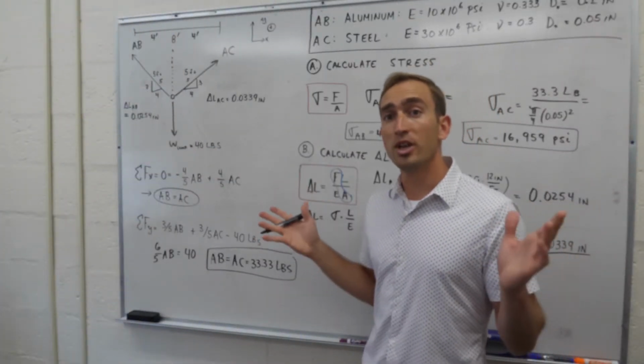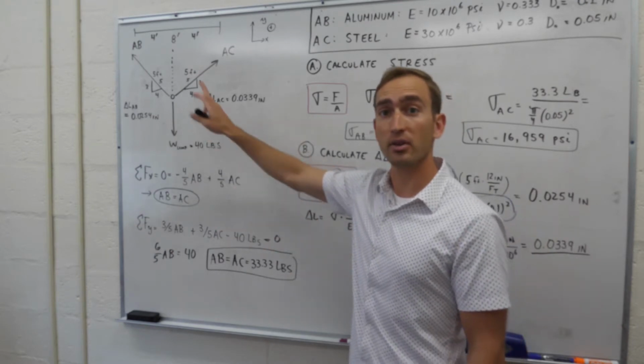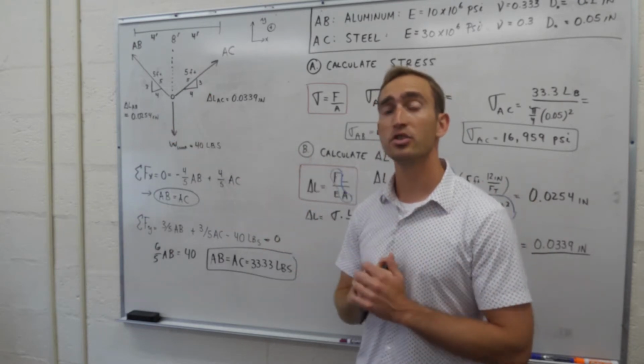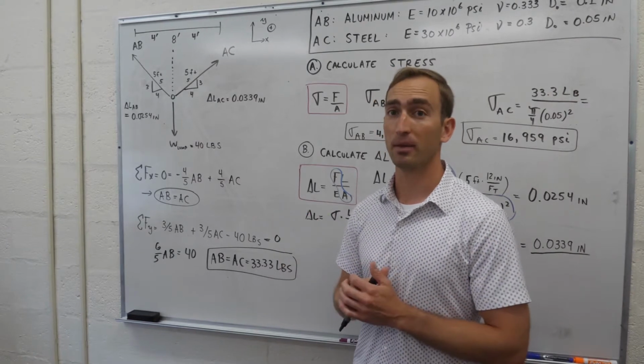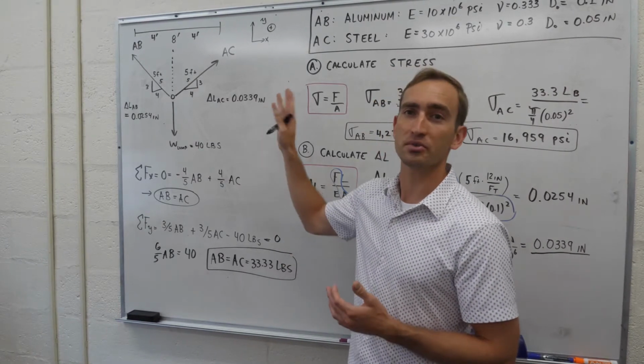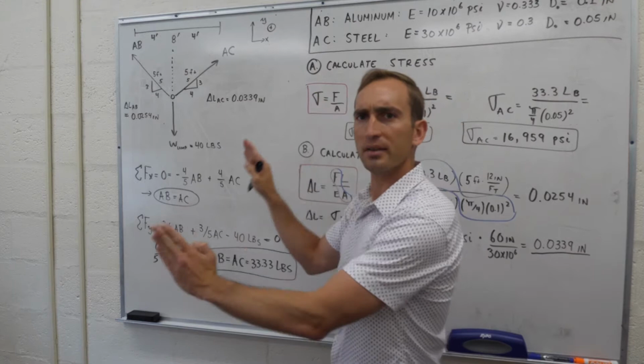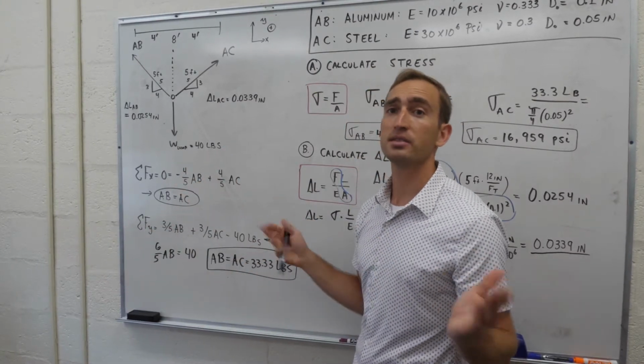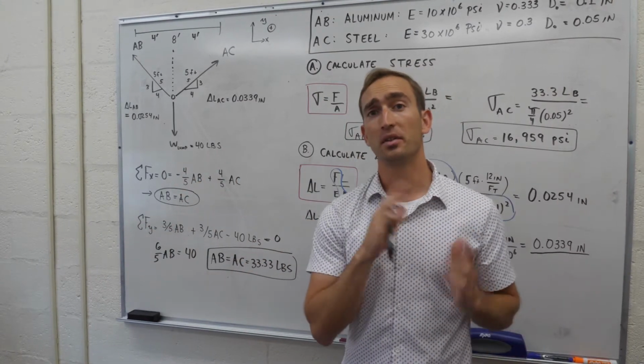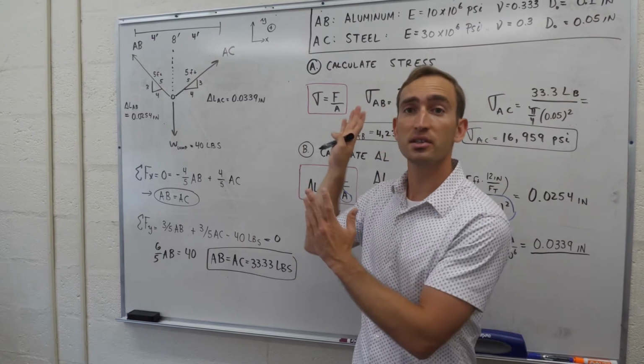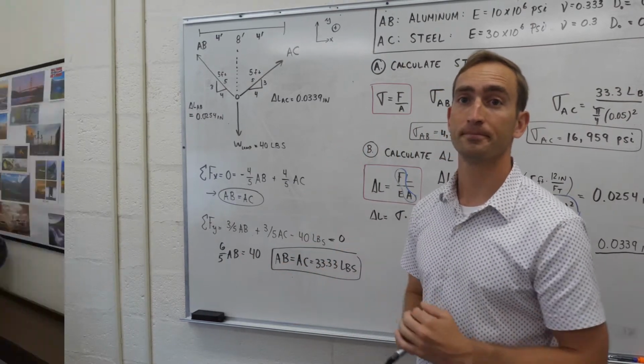So when we compare the two change in lengths, the change in length of AC versus the change in length of AB, we see that the change in length of AC is greater than that of AB. What that'll mean in the physical system is that the system will move down and to the left. So that's the answer to part B, is we know the deformation in both cables and we know that the system will move down and to the left.